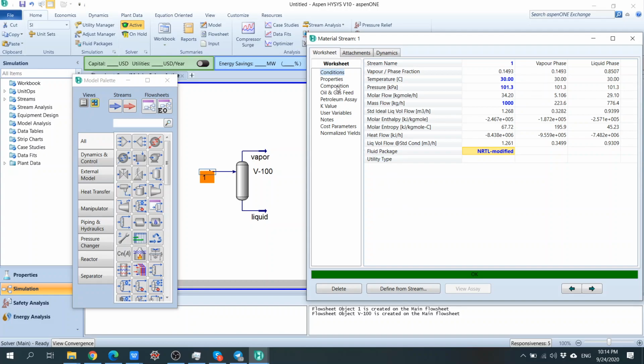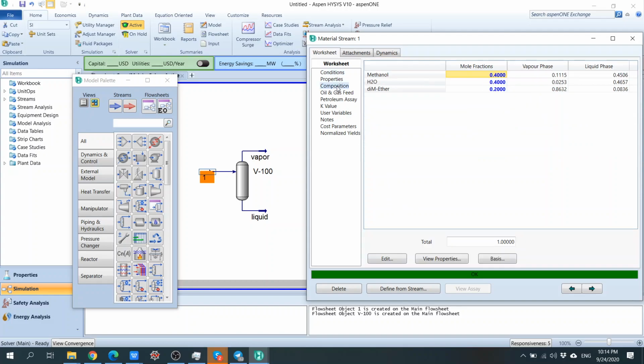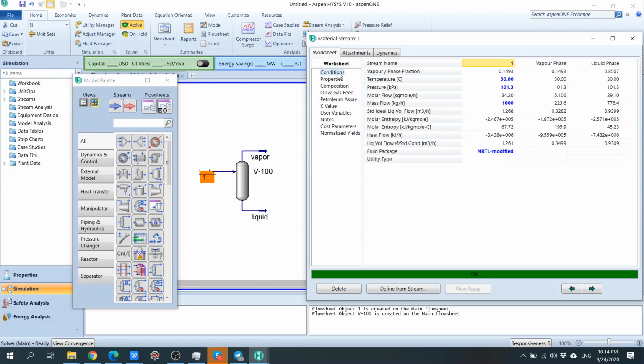And then you will see the compositions. We have 86%, I don't remember how much it was of the dimethyl ether in the top. But these numbers seem not so different compared to the difference in how much vapor and liquid is being separated here.